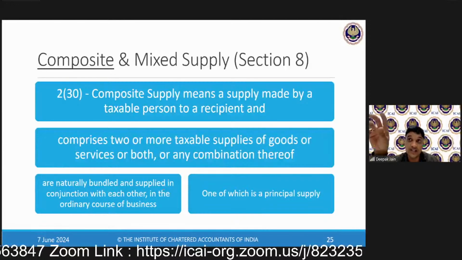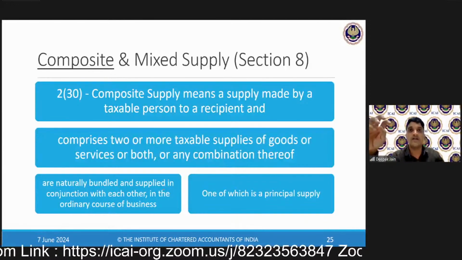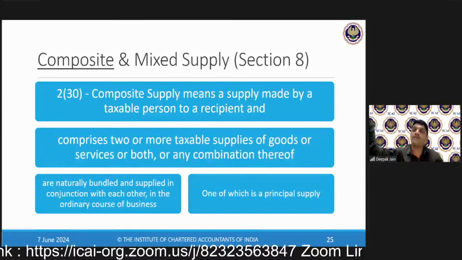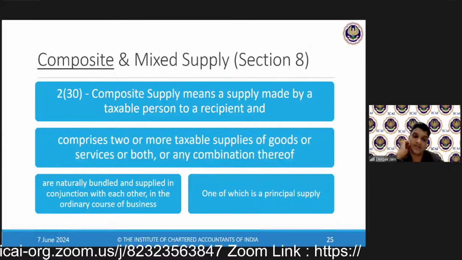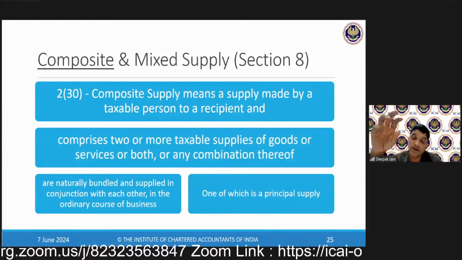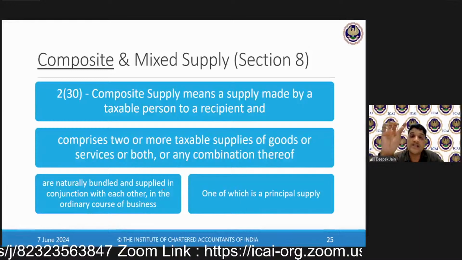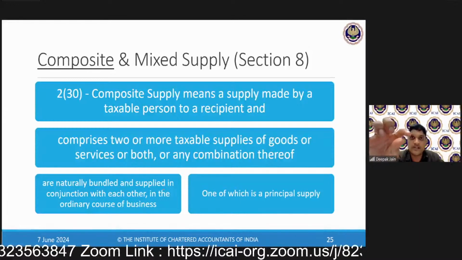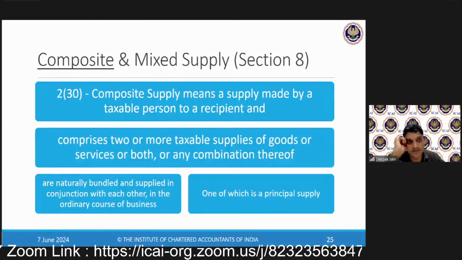So for that installation, there is no separate price because it's a composite supply. Then on that whole bundle of air conditioner and installation put together, he will charge me 12%. So in case of a composite supply, we have to identify which is the principal supply, and the GST rate on that principal supply will apply for the whole of that product.